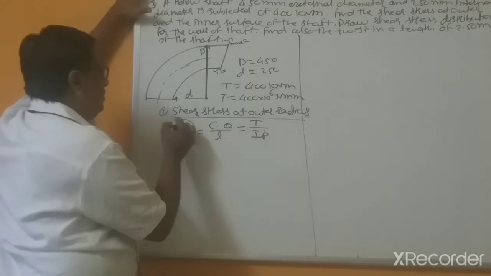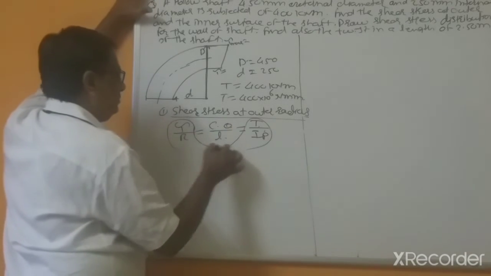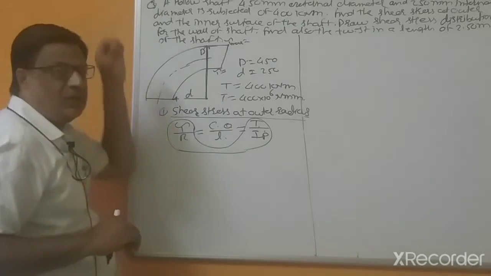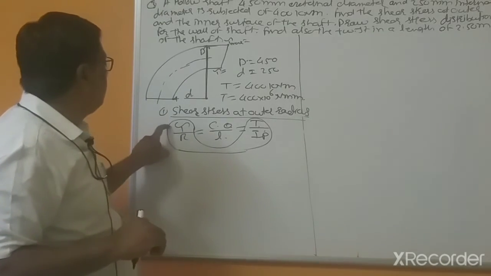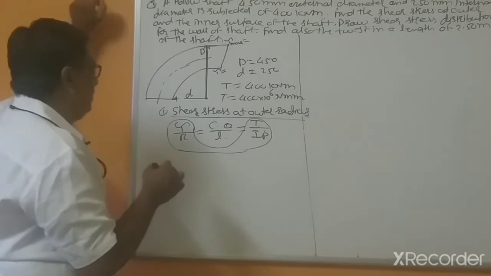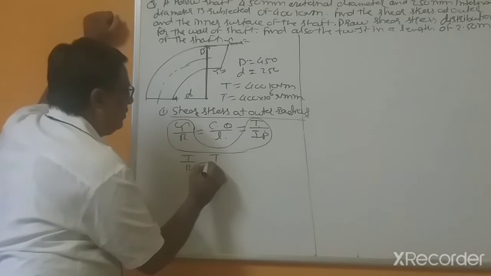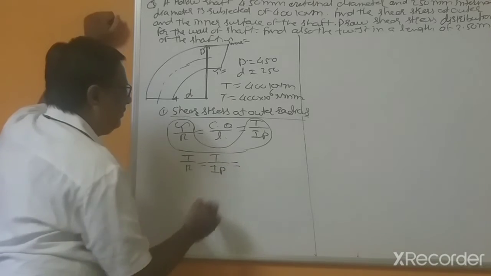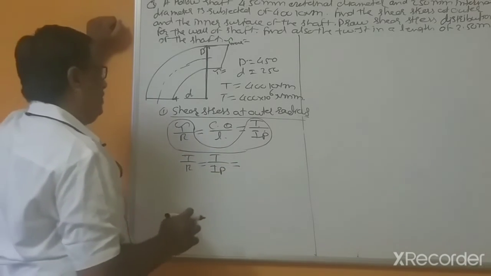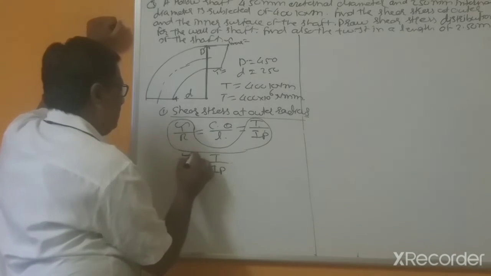So we have to use this relation because this is to be calculated and T is given. That's why T divided by R is equal to tau divided by r, and this is tau.